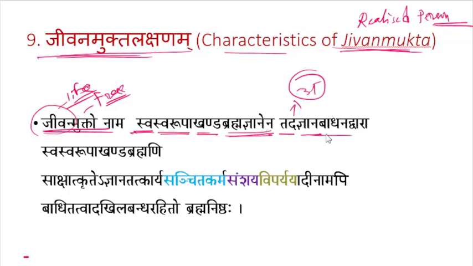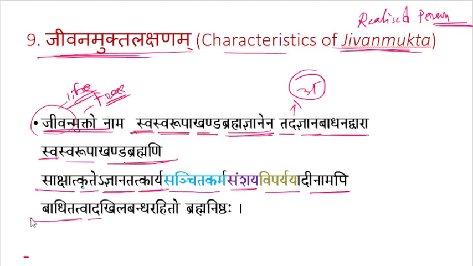Tad Agyana Vadhana Dwara Swa Sarupa Akhanda Brahmani Sakshat Krite Agyana Tat Karya Sanchita Karma Samshaya Viparyaya Adinam api Vadhitatvat Akhila Bandha Rahitaha Brahma Nishthaha. These are the features of a Jivana Mukta, a liberated person.